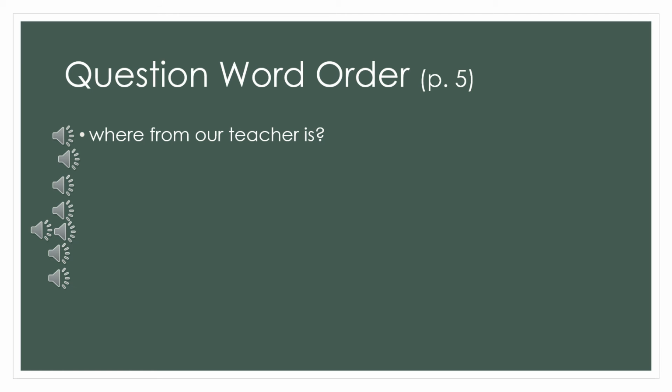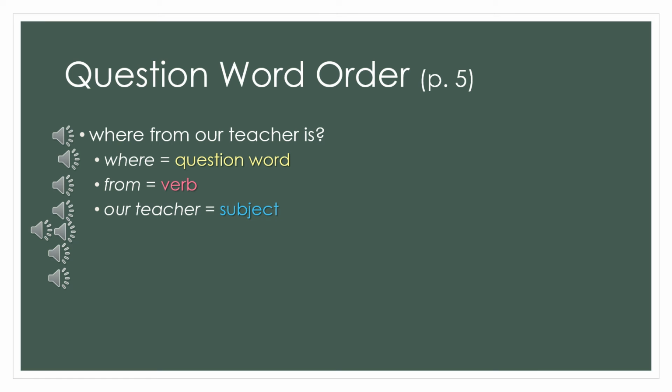Where, from, our teacher, is. Where is a question word. From is part of the verb. Our teacher is the subject. Is an auxiliary verb.